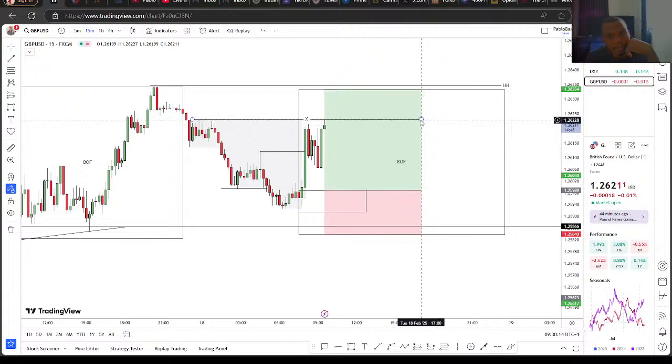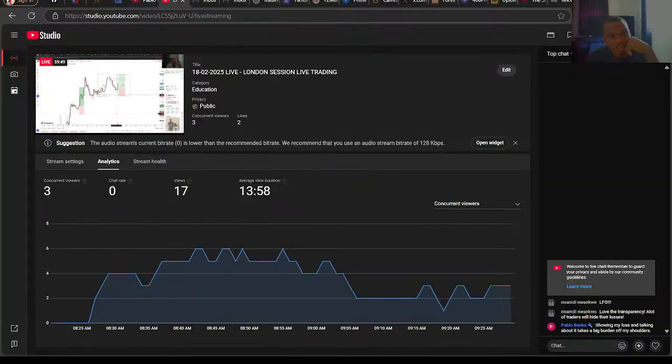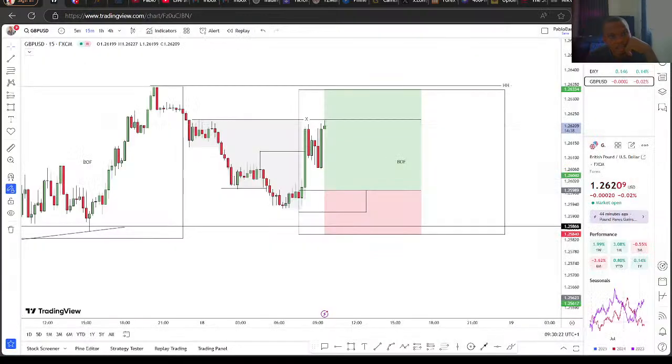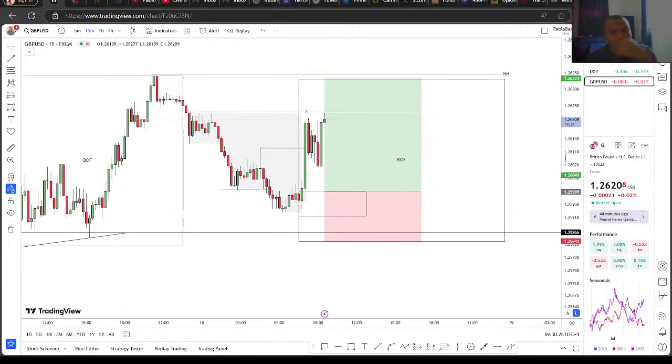It has been to this level, which is a nice momentum pushing up. I don't want to be trapped inside this box. I want price to do something.